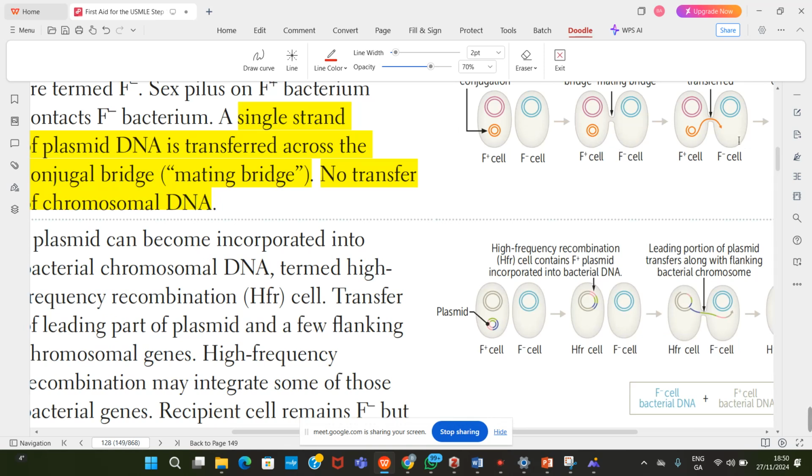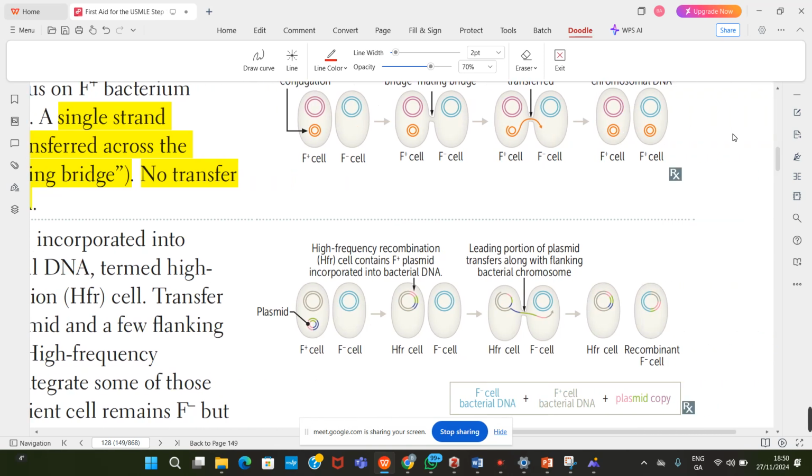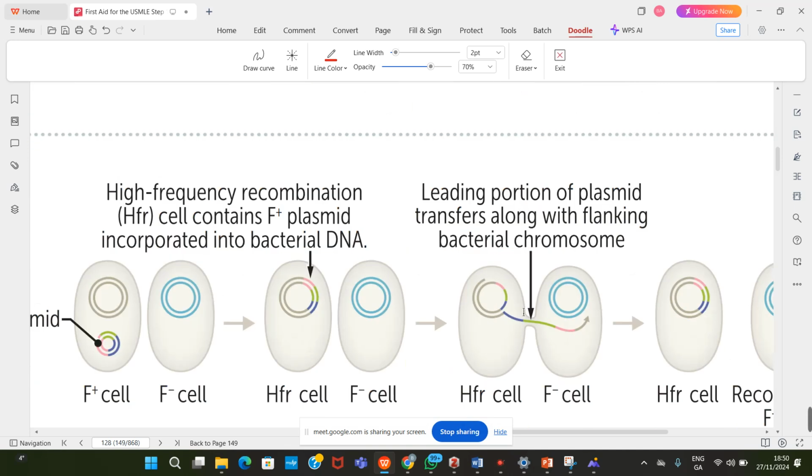So that it will just use it as a complementary strand to form a new strand to make it double. Do we get that part? Yes. But in this one, the plasmid that has been incorporated, it is not the entire single strand that will leave. It is only the leading part of the single strand that will leave.